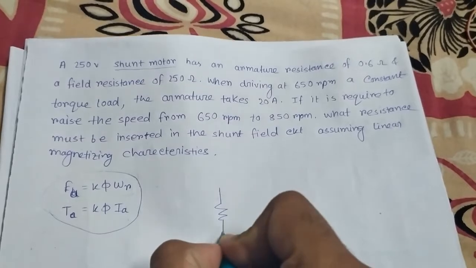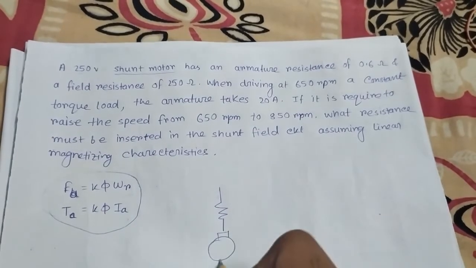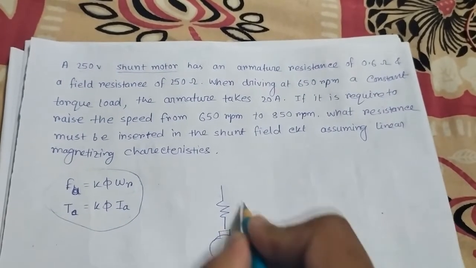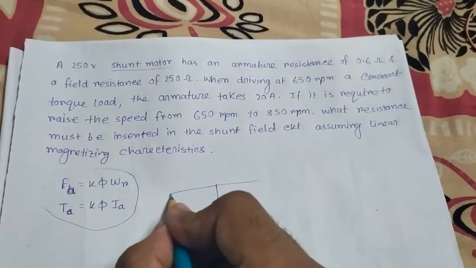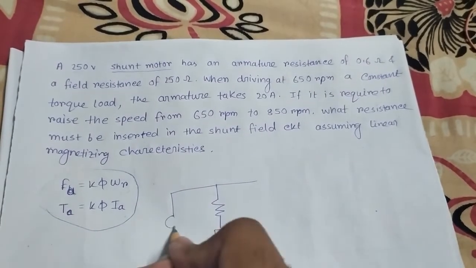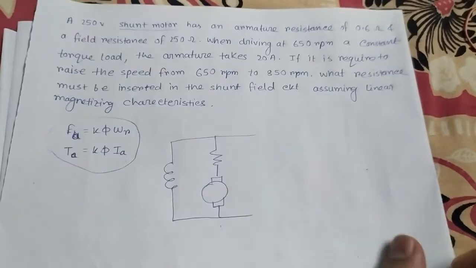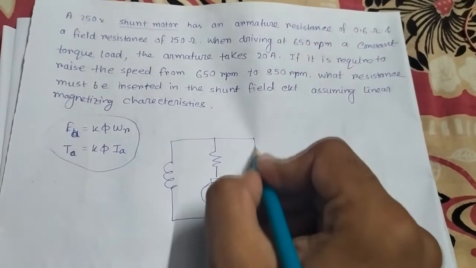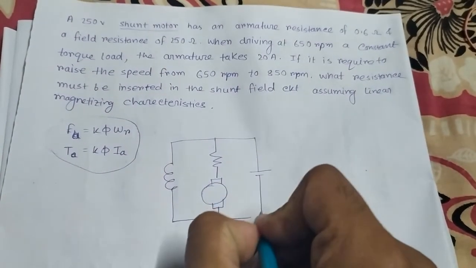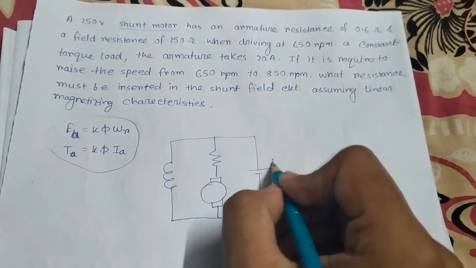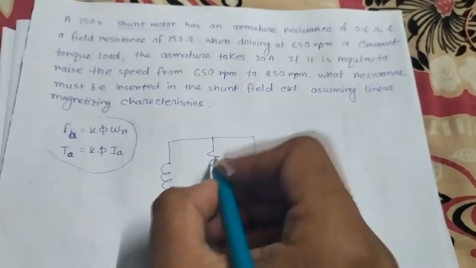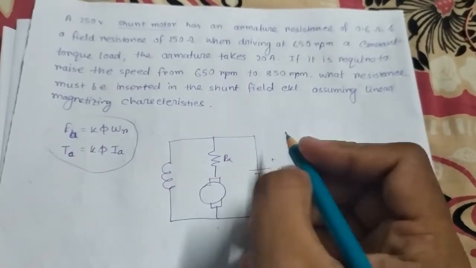This is our shunt motor. For shunt, we make this shunt branch of flux. As this is a motor, there will be a voltage source, obviously. That will be our VT, and this is our RA, the armature resistance.